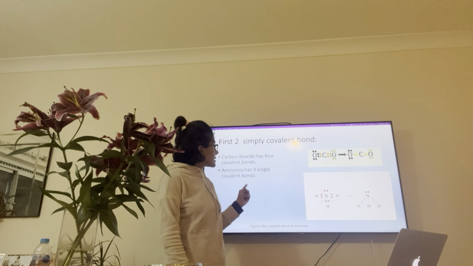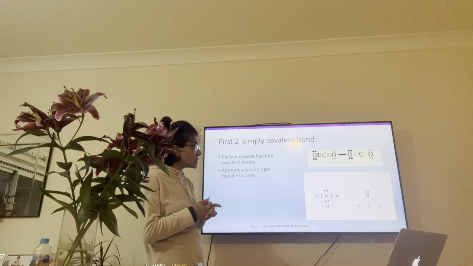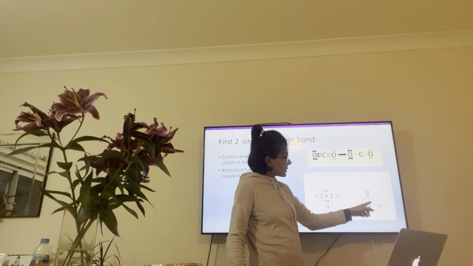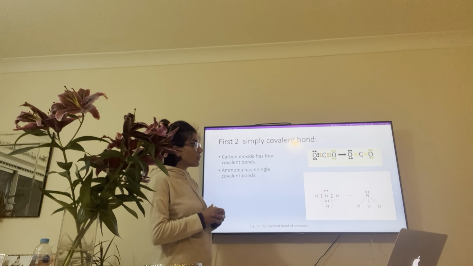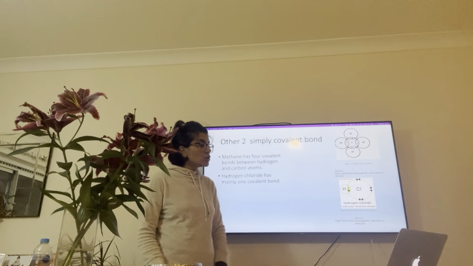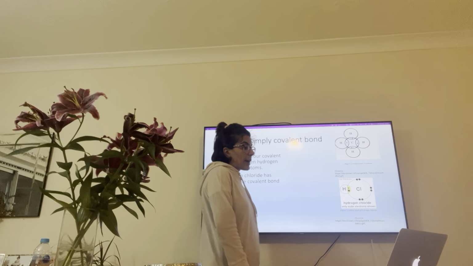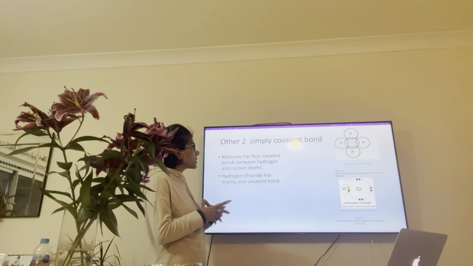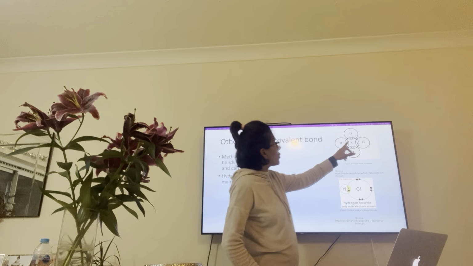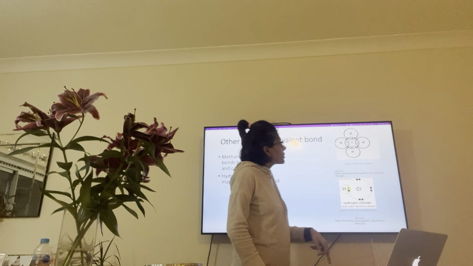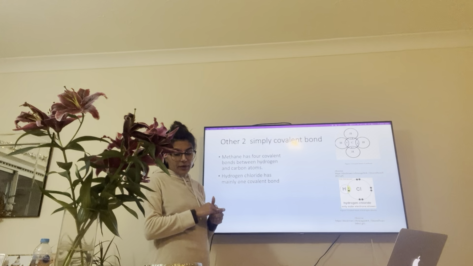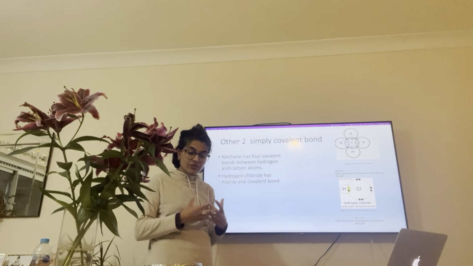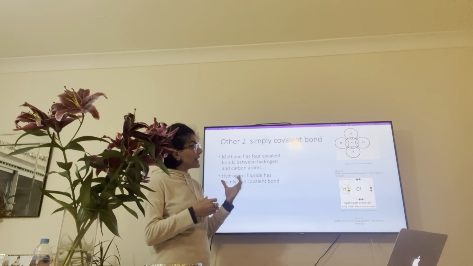Ammonia has 3 single covalent bonds that we can see here. Two other simple covalent examples are methane and hydrogen chloride. Methane has 4 covalent bonds between hydrogen and carbon atoms, that we can see in the picture here, where the hydrogen atoms satisfy the valence of the carbon.